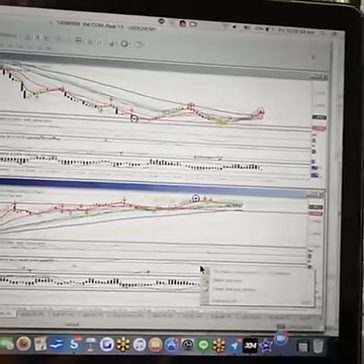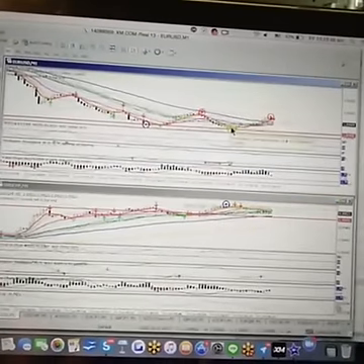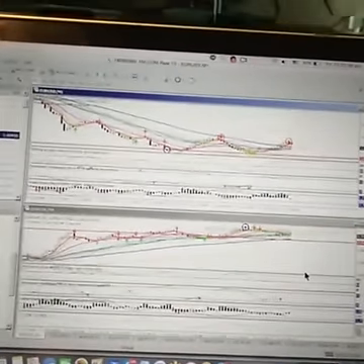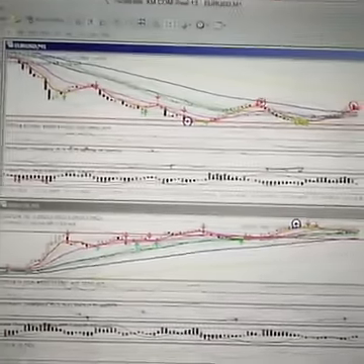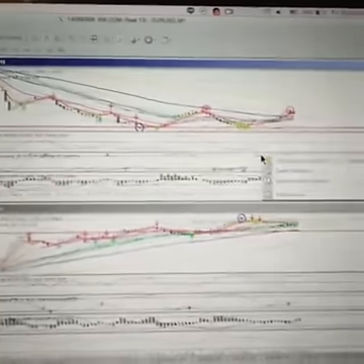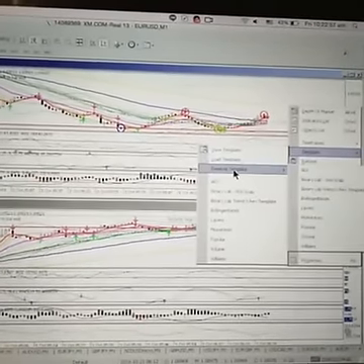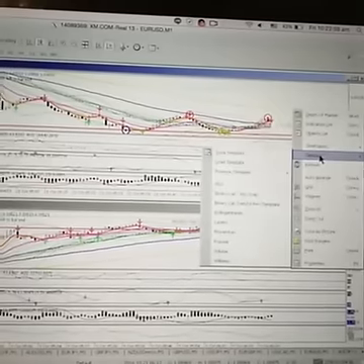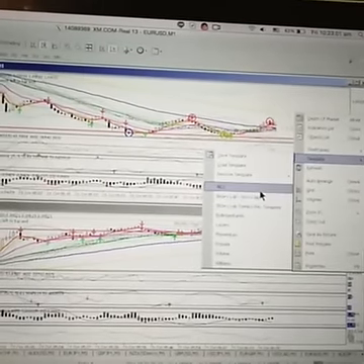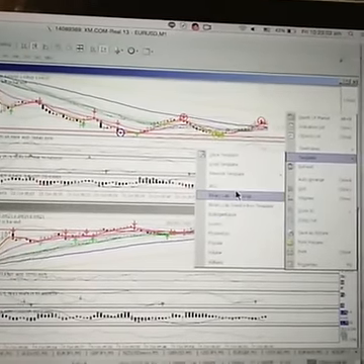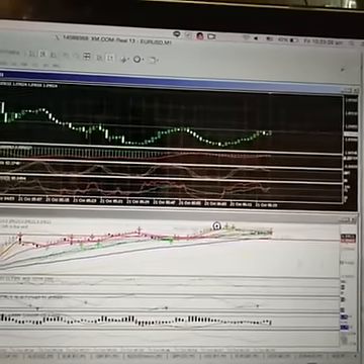Even right now, you can probably see how these two run opposite to one another. I'm going to remove my analysis so you can see even more clearly. I'm going to make it a very bare chart.